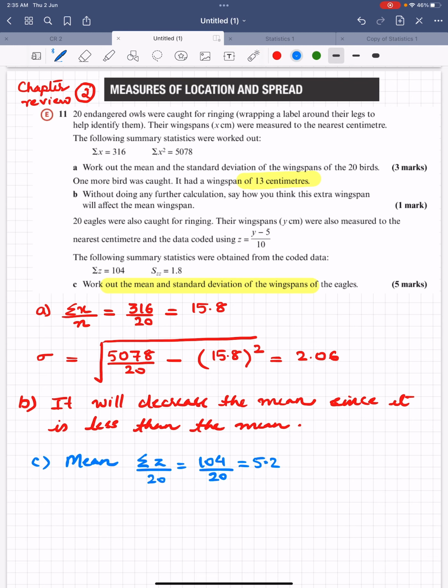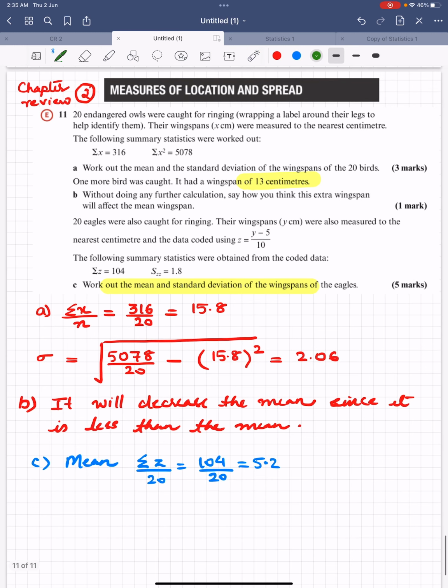So we will do 5.2 multiplied by 10 and 5 to be added to it, and the answer is 57. So this is the mean, and this was the coded mean.